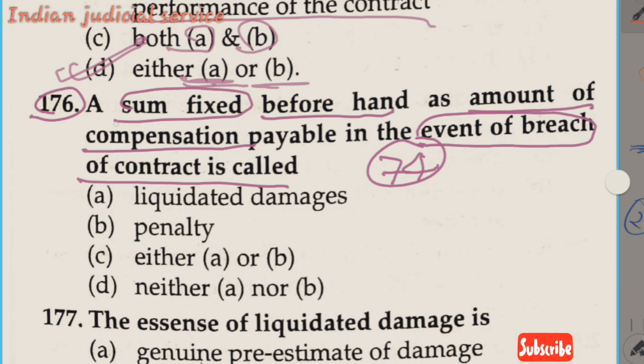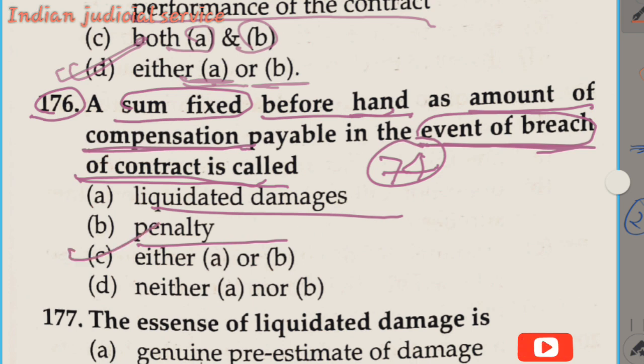Now in this question, the sum fixed beforehand as the amount of compensation payable in the event of breach of a contract is called: liquidated damage, penalty, either A or B, or option D, neither A nor B. So the answer is option C, either A or B, meaning either liquidated damage or penalty. If less than or equal to, it is liquidated damage, and if it is greater than that sum, it is a penalty.